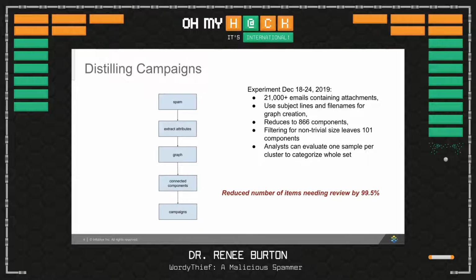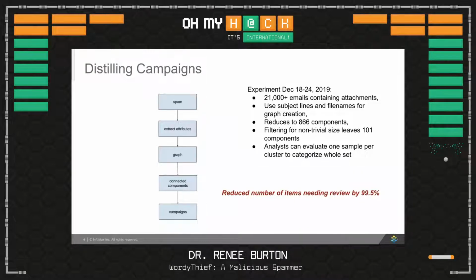The next thing that we do is filter that data for non-trivial sizes. So if there's only one email that exists in our entire data set, and it's sitting by itself, it has a unique subject line and a unique file name, it's not connected to anything else. From our observation, that's a relatively small campaign. It could still be malicious without a doubt.